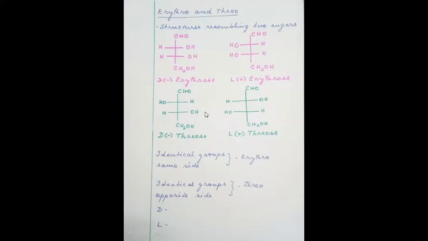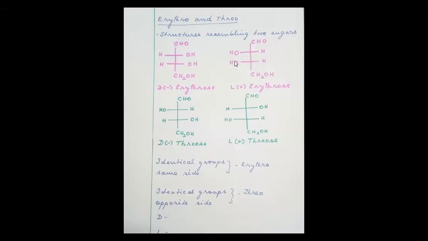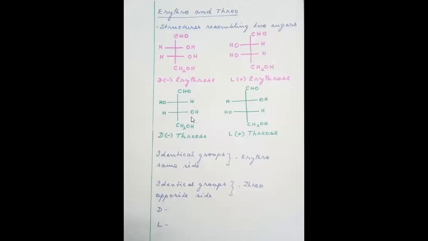I have already told you why we put this capital D. It is because the lowest carbon has the bulky group on the right hand side. Here, the lowest carbon has the bulky group on the left hand side. And here, the lowest carbon has the bulky group on the right hand side, so it is D minus threose.